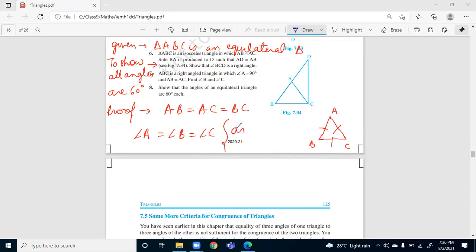Reason: angles opposite to equal sides are equal. So if all sides are equal, then all angles should also be equal. Now I can apply angle sum property.